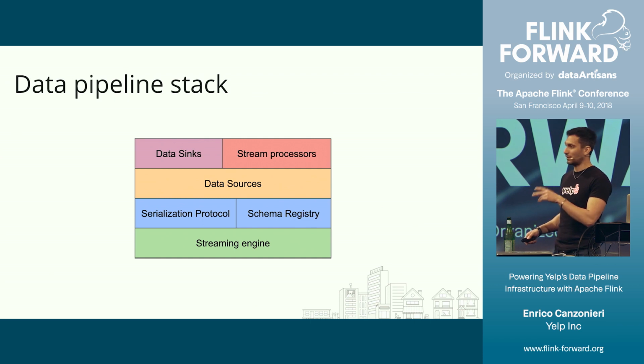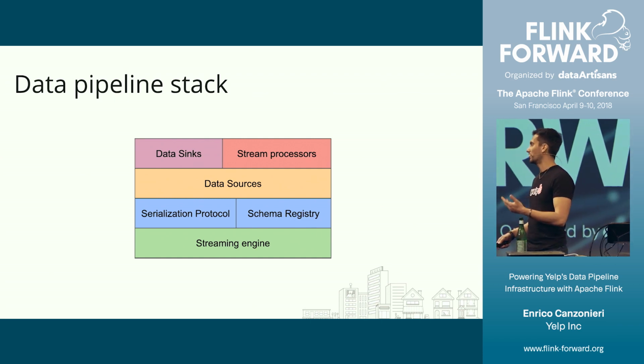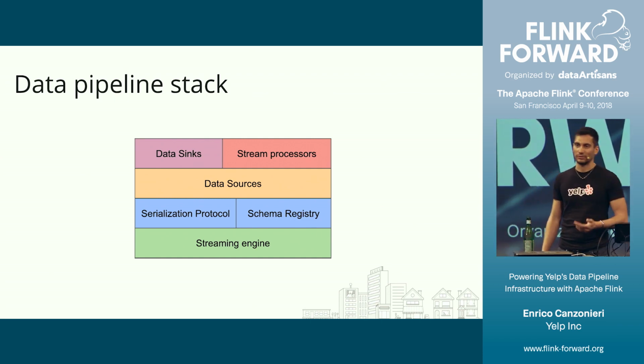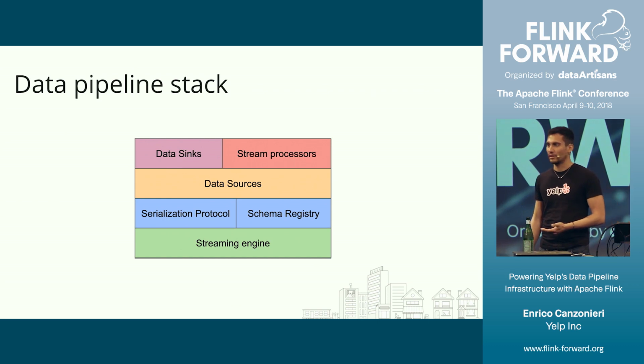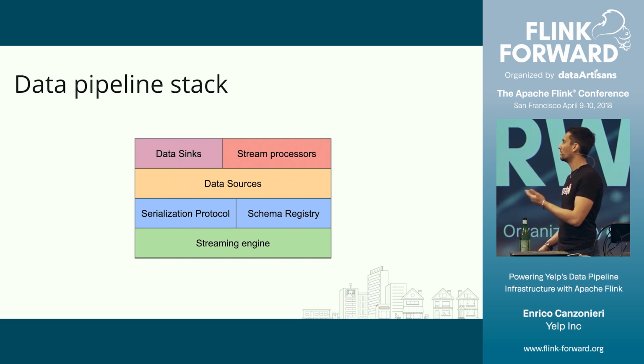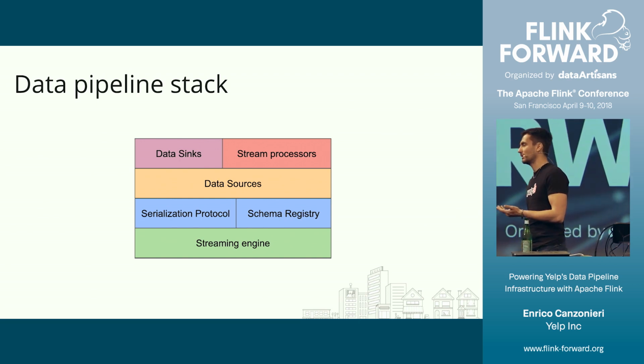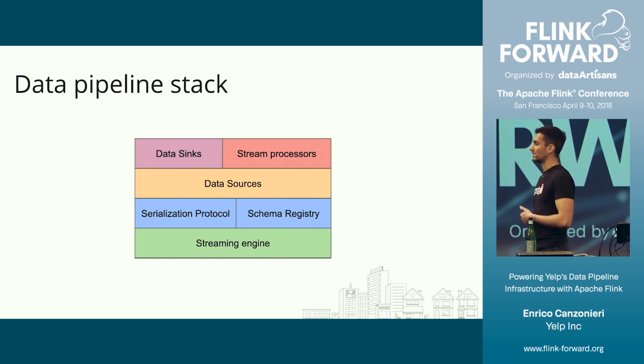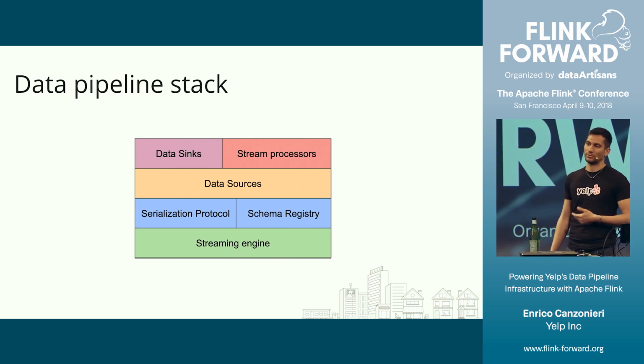Once you have those three fundamental blocks, you build on top of it. You need data sources so that you can start streaming data into the infrastructure. A data source is anything that basically produces events. Once you have data flowing, now you want to do something with the data, some analysis, so you start looking at a stream processor to implement applications.